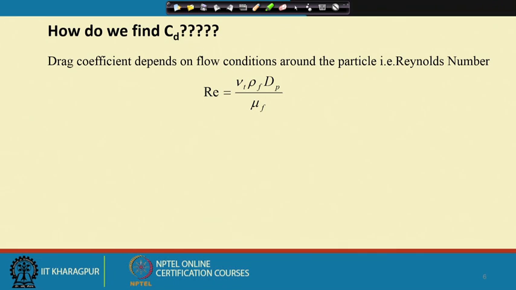That means the viscous stresses are very large in relation to the inertial stresses, then the Reynolds number will approach 0. That means the denominator is much higher than the numerator, so it will reach towards 0. That means the viscous stresses are more dominant.